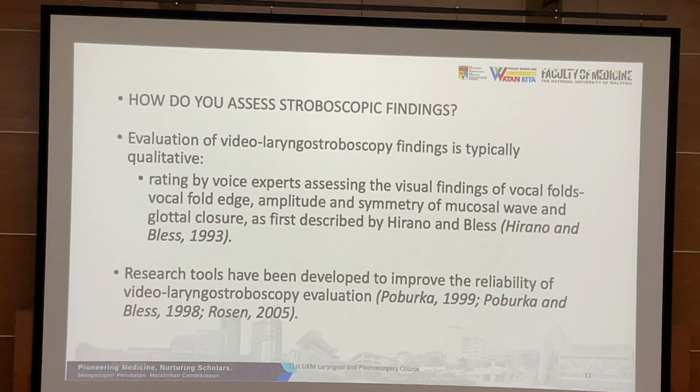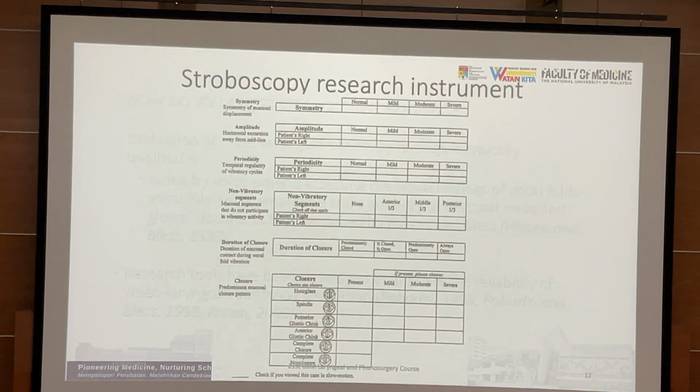So to minimize the bias, people have developed some tools to standardize the way we assess the mucosal wave. Whenever you see the mucosal wave, your mind starts thinking, what are the things that I have to look for? One of the tools used to assess the mucosal wave is the stroboscopy research instrument.